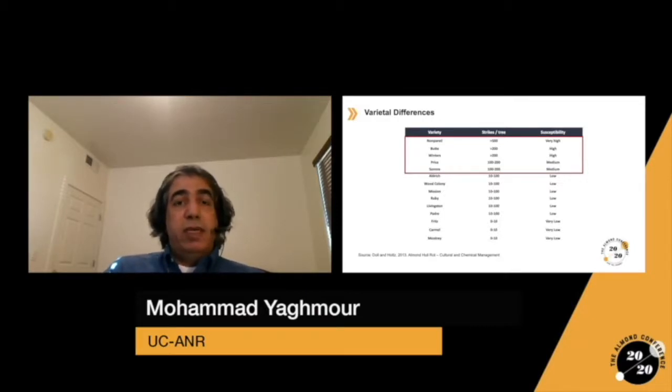Sonora, for a good example, is of medium susceptibility. And the reason why we care about this information is to look to the future when we are designing an IPM strategy, whether the grower will go ahead and protect those varieties as a priority or not.